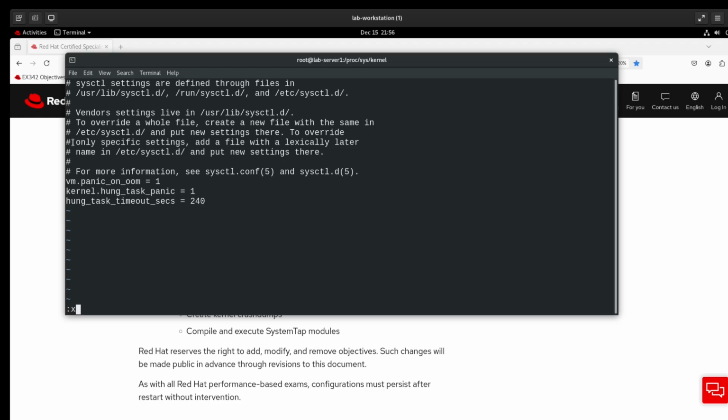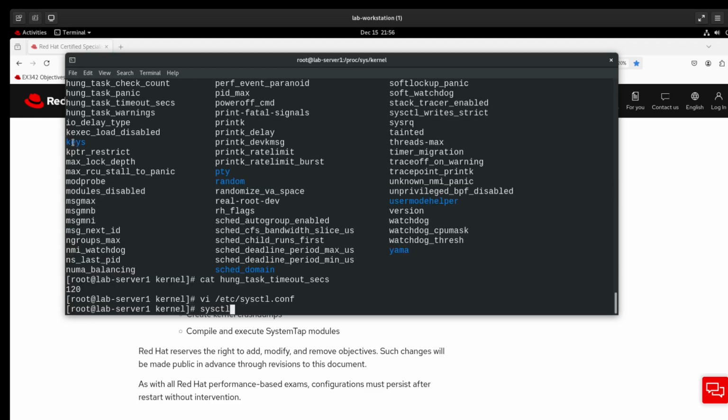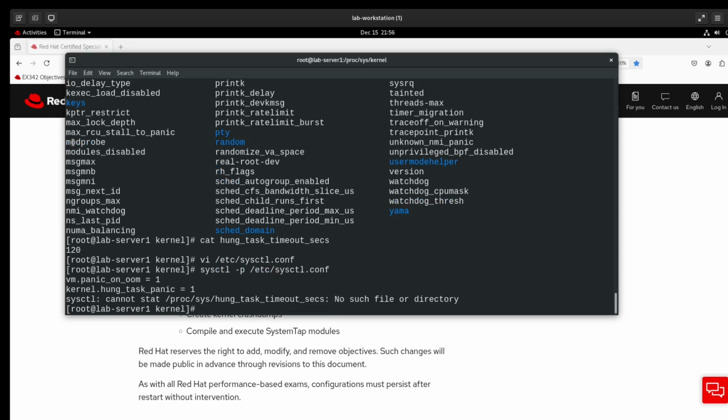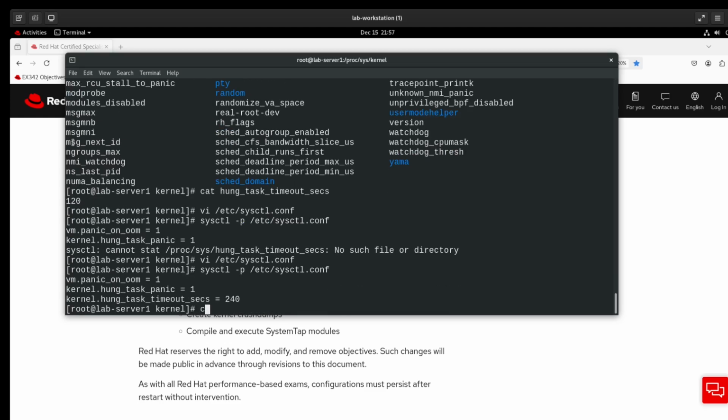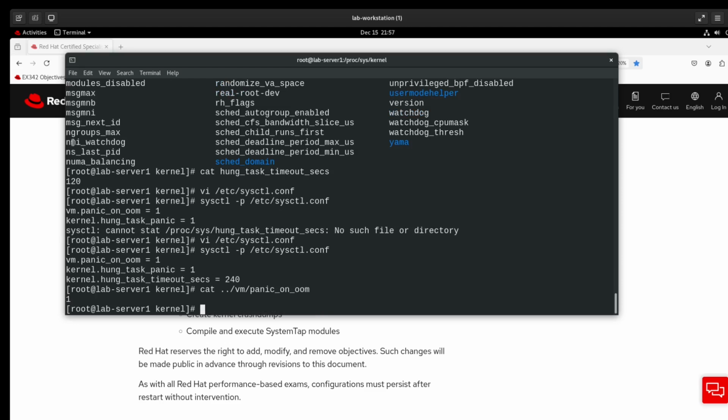All right, so we're going to load these changes. Oops, made a mistake there. Now it grabbed the others, but I forgot to do kernel dot. And so now if we were to check panic on OOM, that's going to be 1, and the others will be updated as well. That's how you would make those changes permanent.